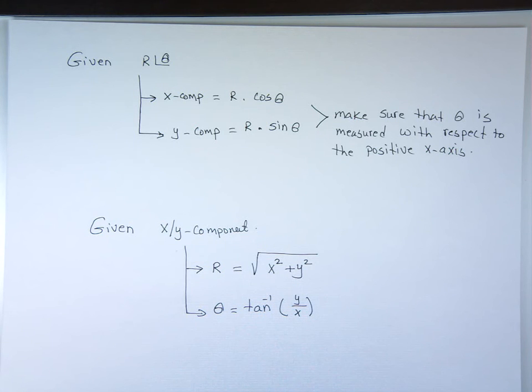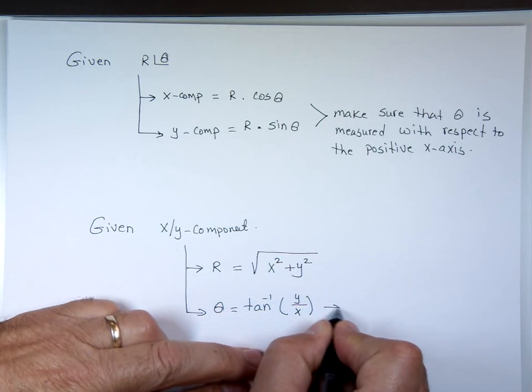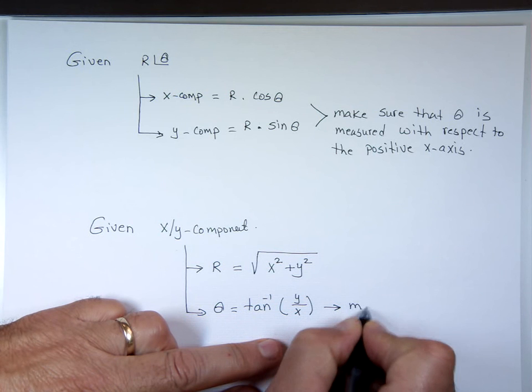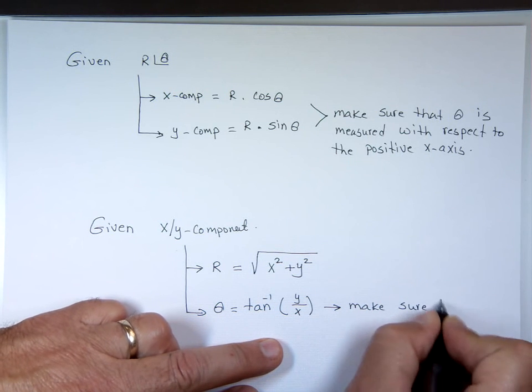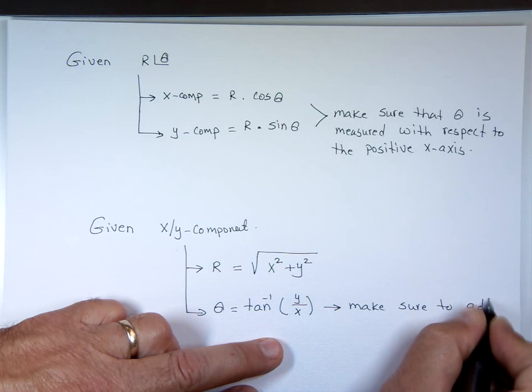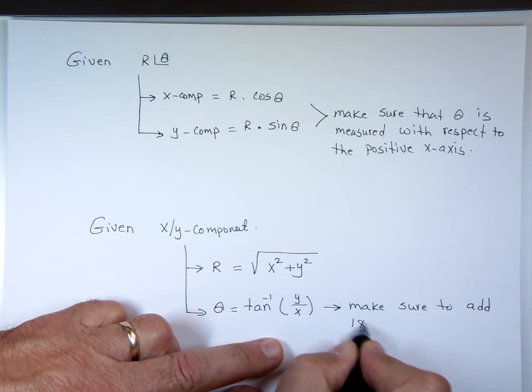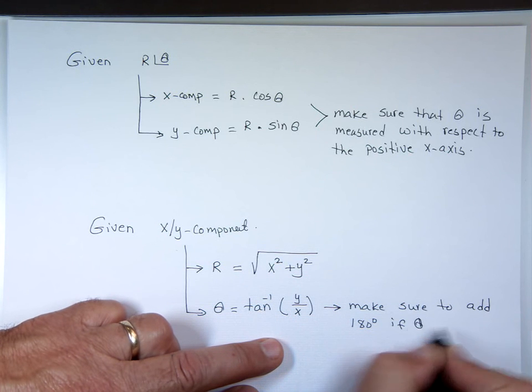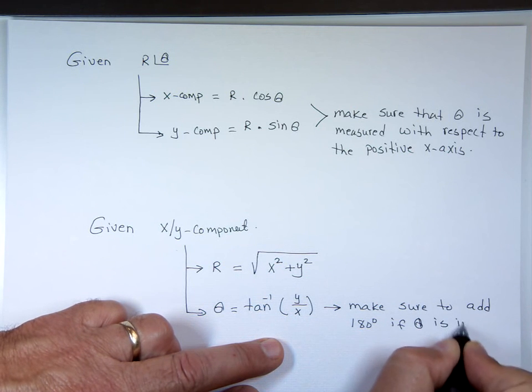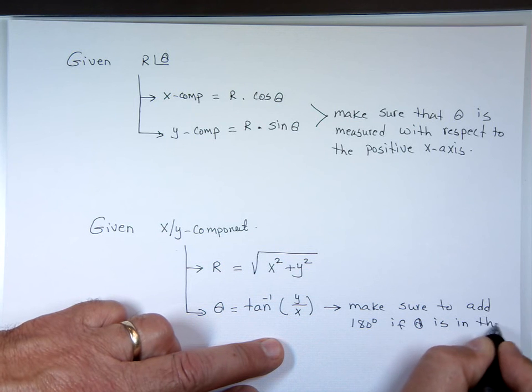Right here again, make sure to add 180 degrees if theta is in the second or third quadrant.